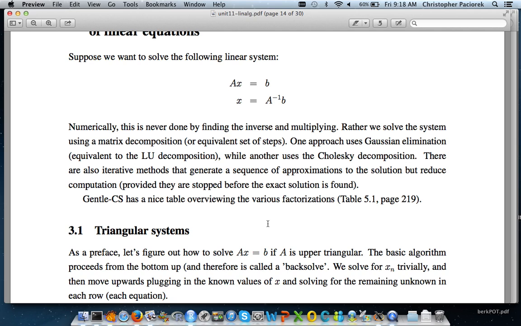So if we count the multiplications and divisions, that basically also means we're counting the additions and subtractions. Depending on what source you look at, in some cases people count both the multiplications, divisions, additions, and subtractions, and in other cases they may just count the multiplications and divisions. It doesn't really matter in general, and we'll just focus on counting the multiplications and the divisions.